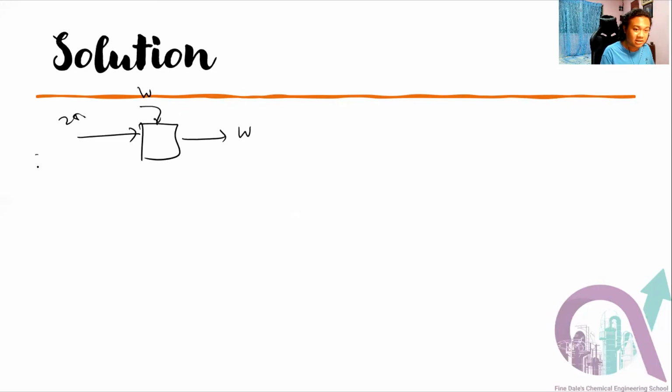You have steam, 500 pounds per hour being cooled, and then you have your cooling water, spray water at 80 degrees Fahrenheit, and then the condensed steam plus the water leaves at 200 degrees Fahrenheit.